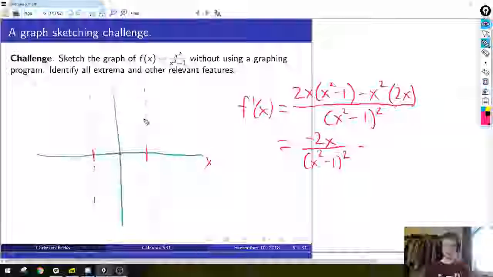And then when we go a little bit to the left or to the right, if we plug in some small number, we're going to get something negative, right? Because if we plug in like a tenth, we have something positive upstairs and then something like 1/100th minus 1 downstairs. So that's going to be negative.